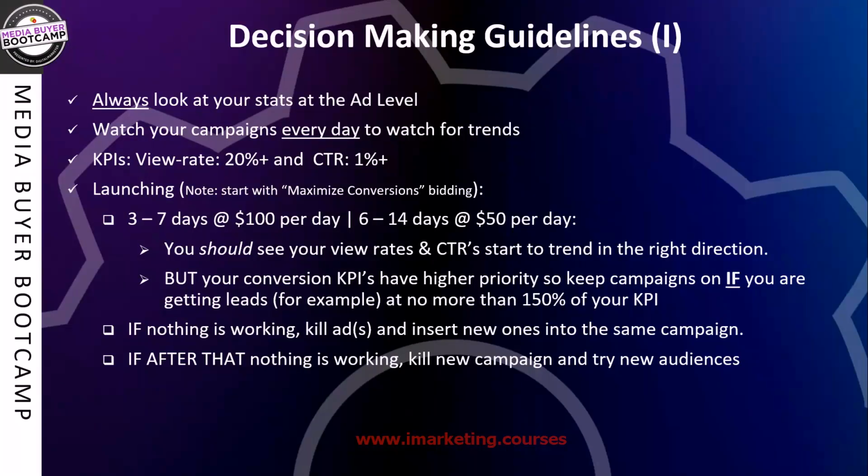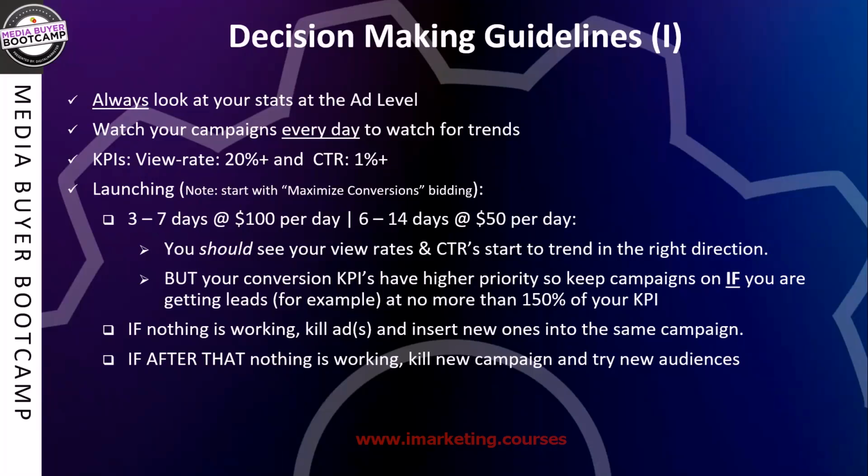So what happens here is that when you're on the maximize conversions bidding setting at the campaign level, you may find that your view rates and your CTRs are atrociously low. That's okay within reason.